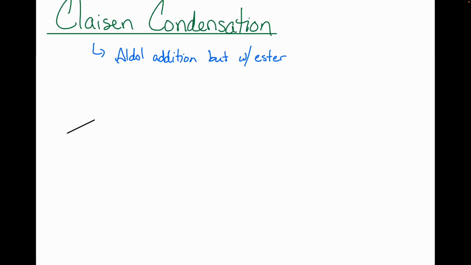All right, so first of all, let's remind ourselves what an ester is. We have this carbonyl group, but bonded to my carbonyl carbon is an oxygen atom, and not an OH group like a carboxylic acid, but another alkyl group on the other side.